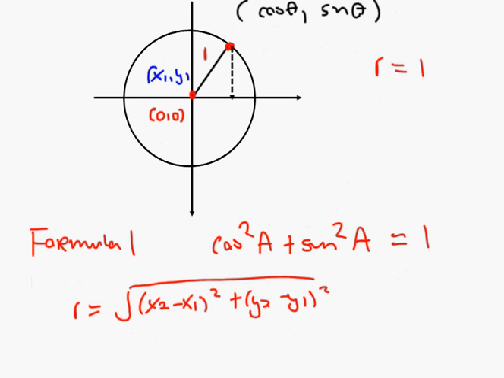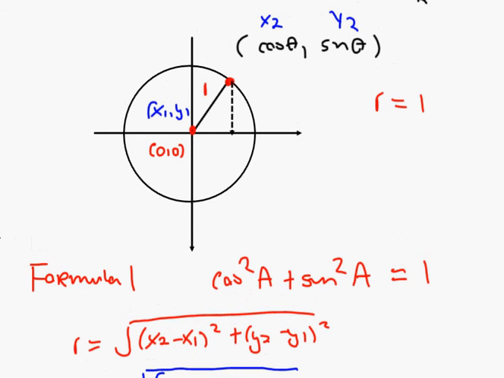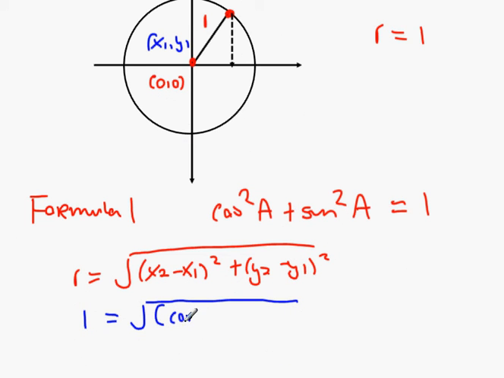Radius is 1. So 1 will be equal to the square root of x2 minus x1, so it's going to be cos theta squared, because it's minus 0, so it doesn't matter. And the other one's going to be sine theta minus 0, but does minus 0 matter? No. And then all you have to do is square both sides.